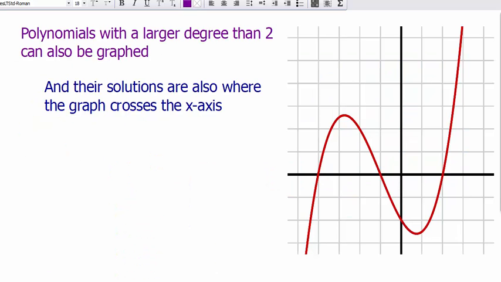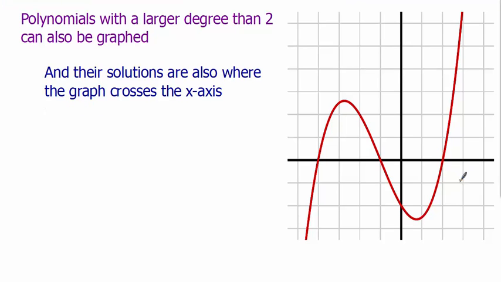So now I have polynomials that have a degree larger than 2. They can be graphed. If I can see the graph, I can see the solutions. The solutions are always where I cross the x-axis. So I can actually write out the solutions on these.